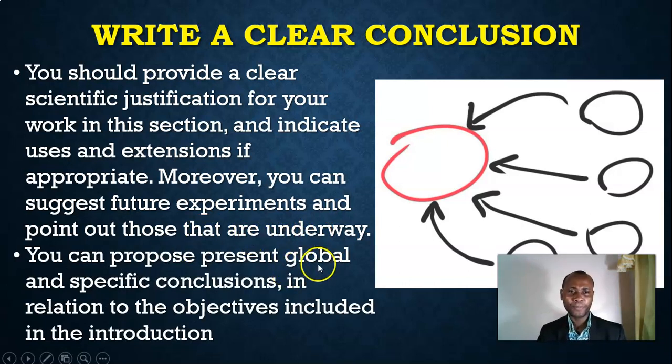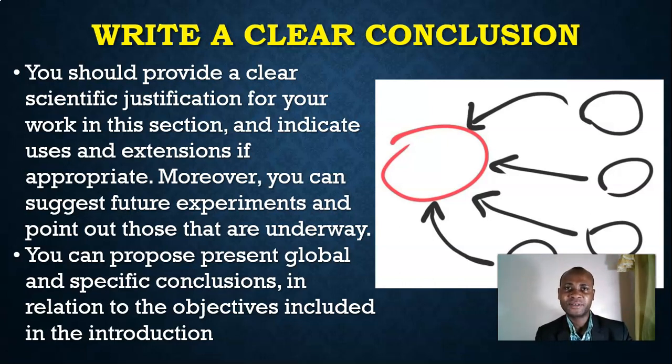Okay, you can present global and specific conclusions in relation to the objectives included in the introduction section. So, like I was saying a while ago, don't restate your abstract.